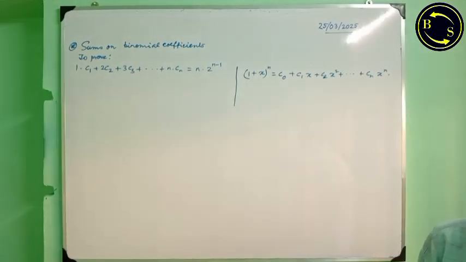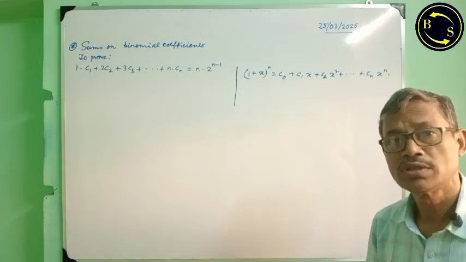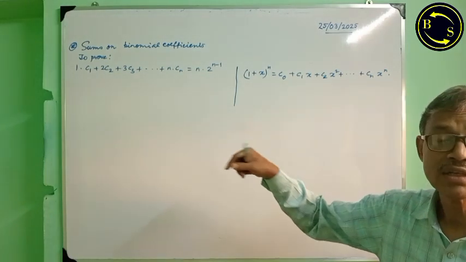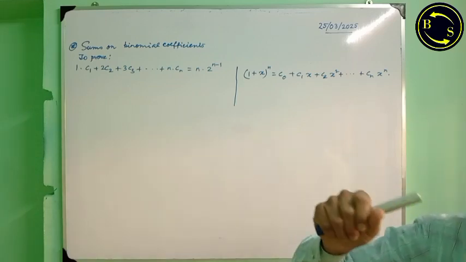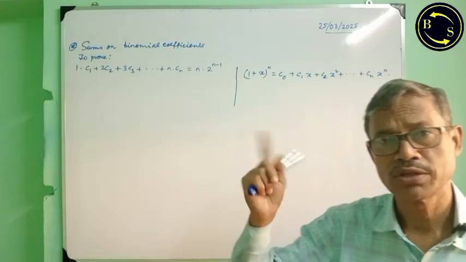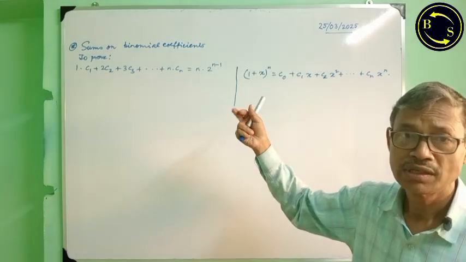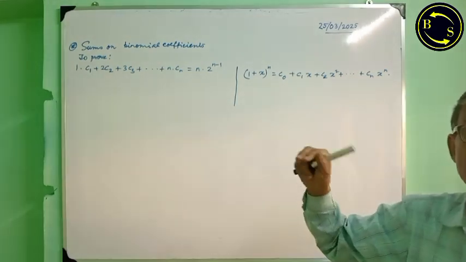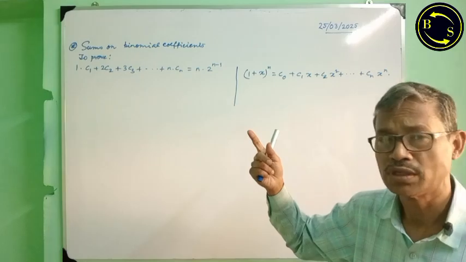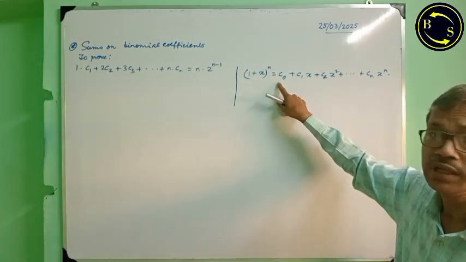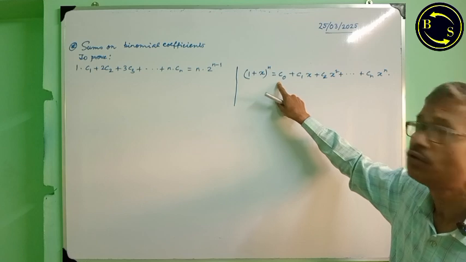Already I have discussed this while discussing limits and derivatives. Left hand side, then n into within brackets (1 plus x) whole to the power n minus 1 into derivative of (1 plus x), that is 1. That means finally n into (1 plus x) whole to the power n minus 1. And on the right hand side, the first term is independent of x, therefore 0.